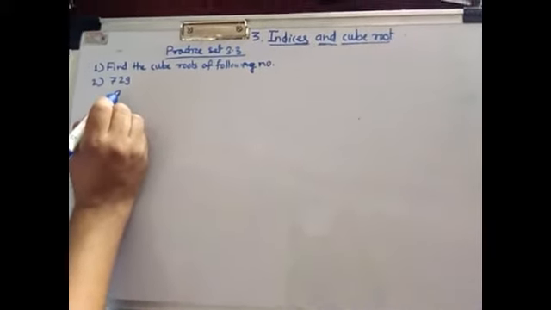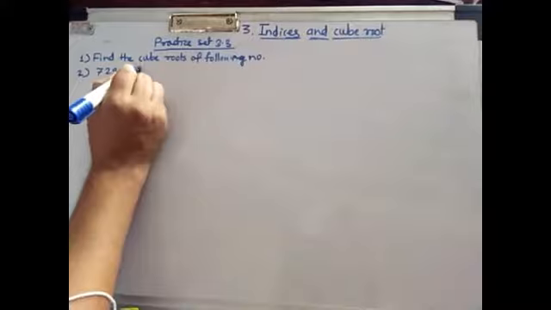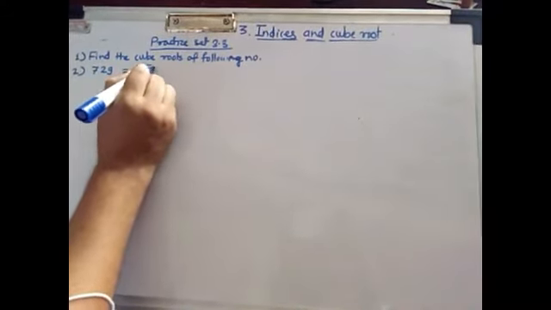The second example is 729. We find the cube root of 729.